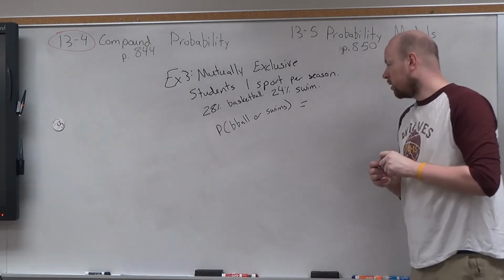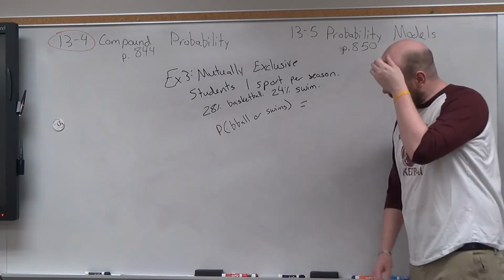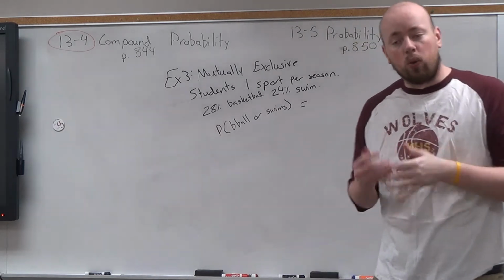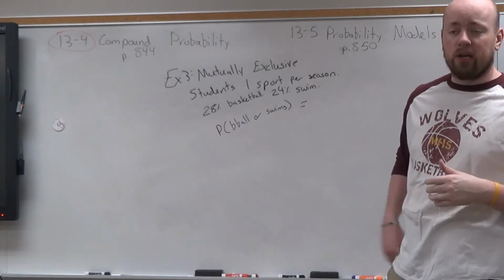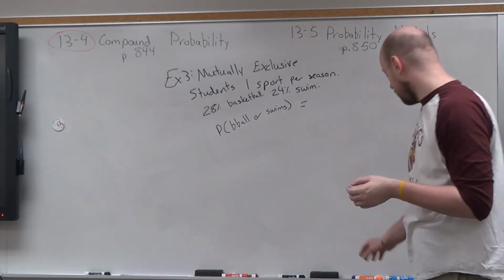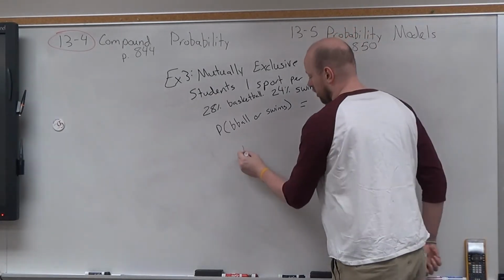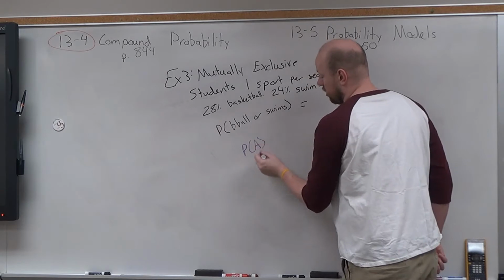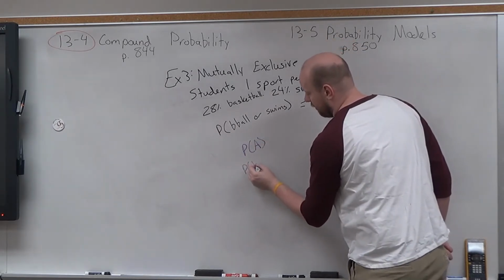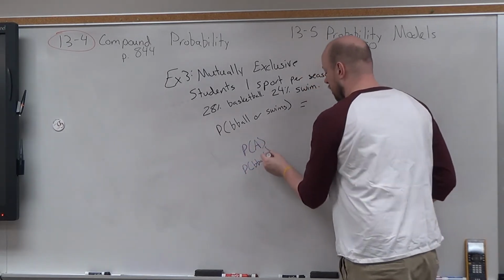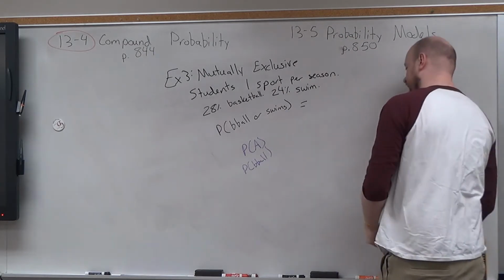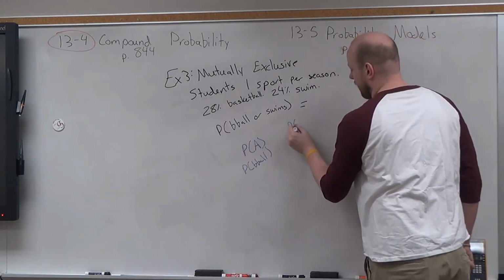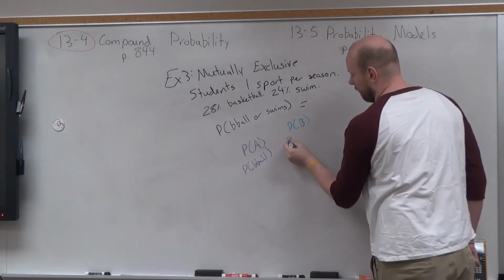Okay. So, thankfully this problem breaks it down pretty easy for us. We would just need to find the probability of A, which would be the probability of b-ball. And we also need to find the probability of B, which would be swim.